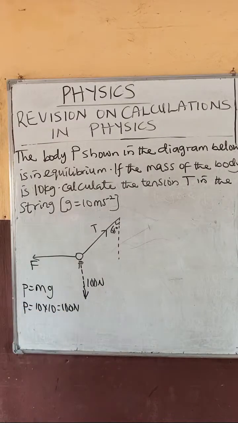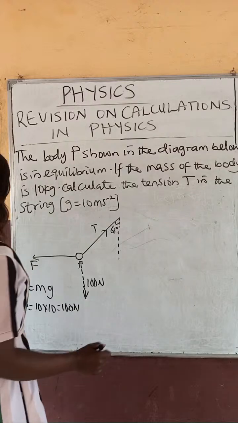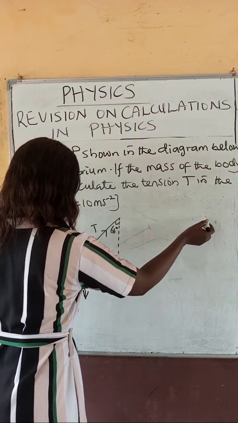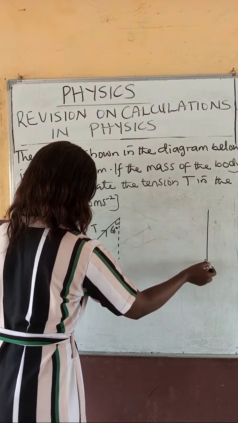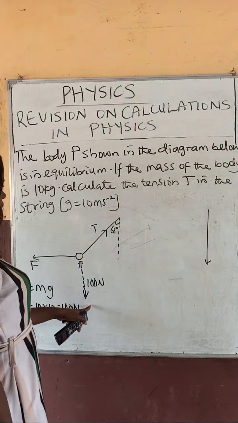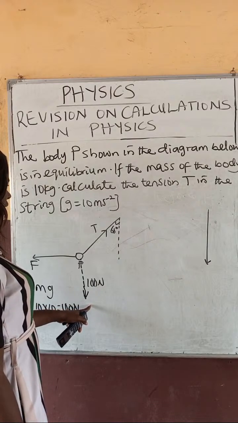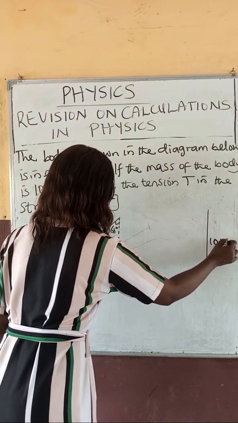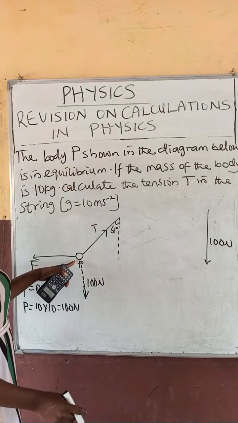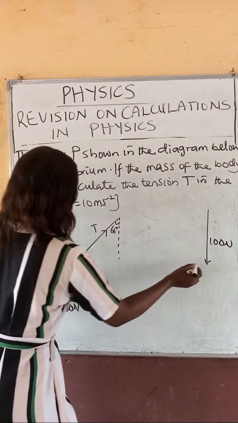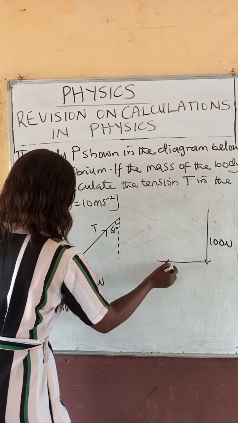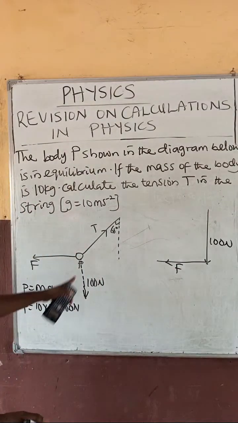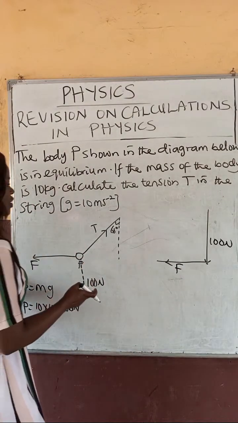So let us draw the diagram. I have this force going down, a force of 100 Newton. Then I have this other force acting this way, that is my F. Now from the same point, I have another force going this way.